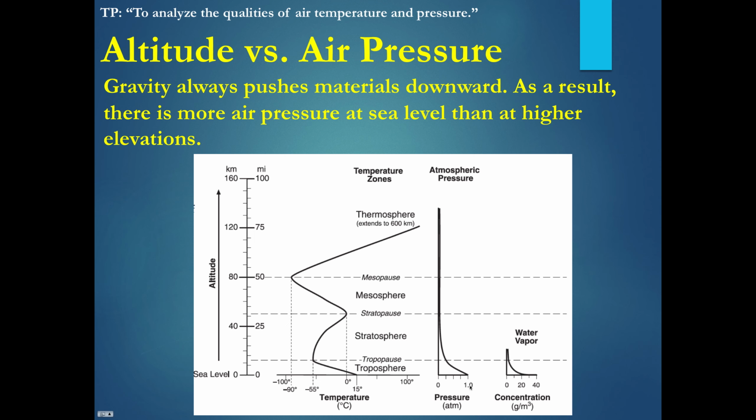It goes from about 1.0 almost to 0 as I get all the way up here in the thermosphere. So as altitude increases, air pressure decreases. That's an indirect relationship.